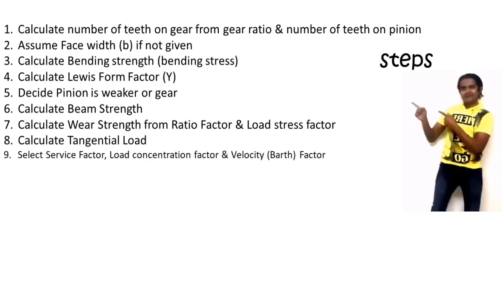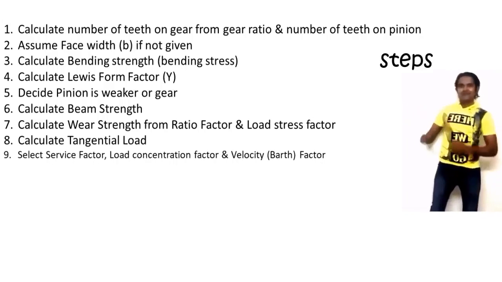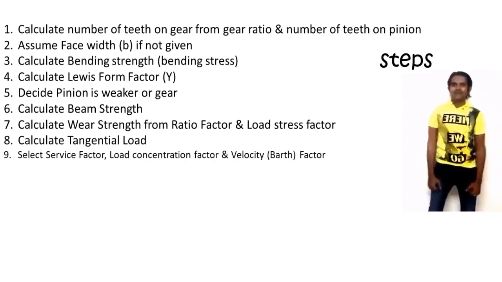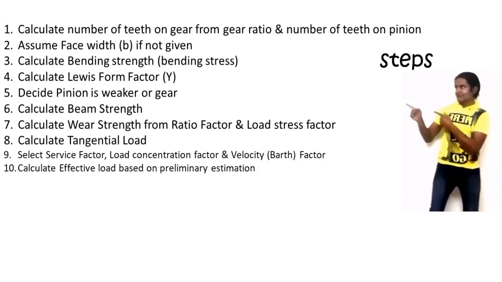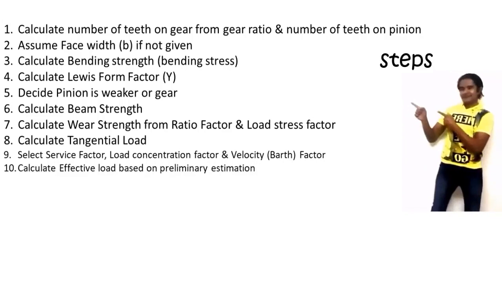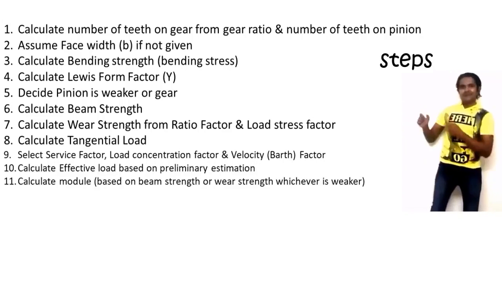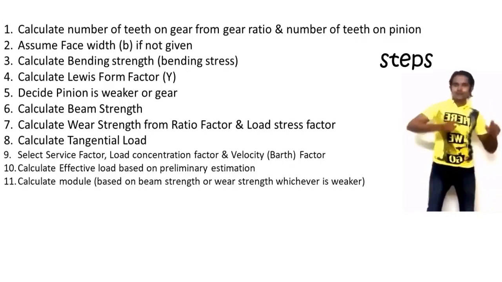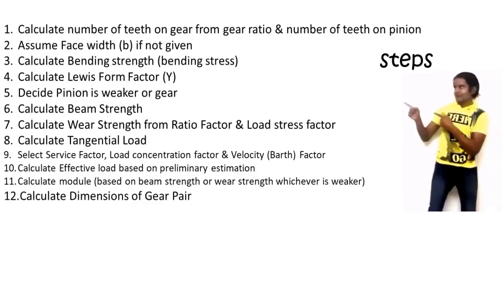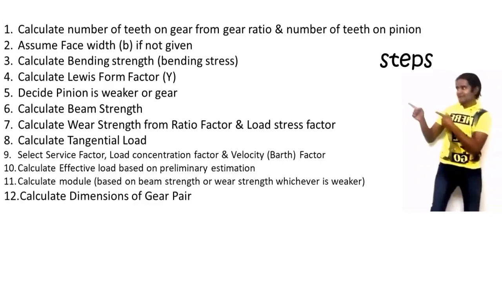Ninth step, you have to select the service factor CS or KA, load distribution factor KM, velocity factor CV or KV. 10th step, you have to calculate the effective load P effective or F effective on the basis of the preliminary estimation. 11th step, you have to calculate the module. So finally you will get the value of module in your 11th step. 12th step is to calculate all the dimensions of the gear pair like DP, DG, then your addendum, dedendum, center distance.